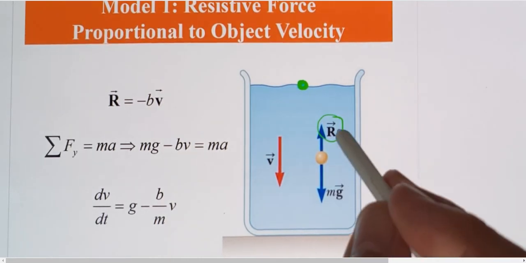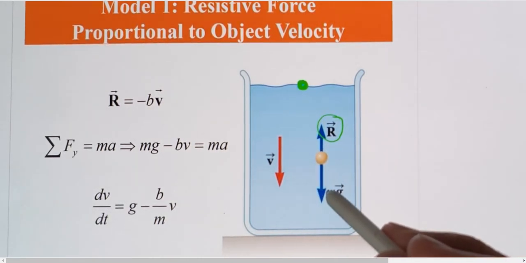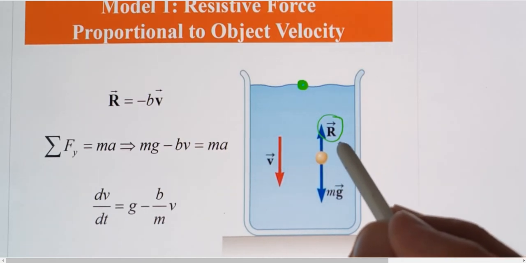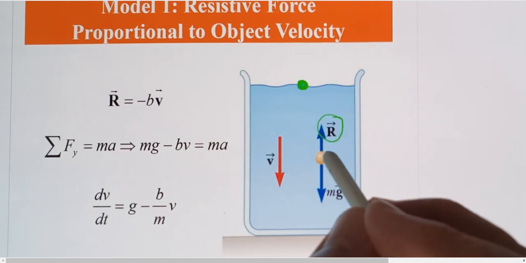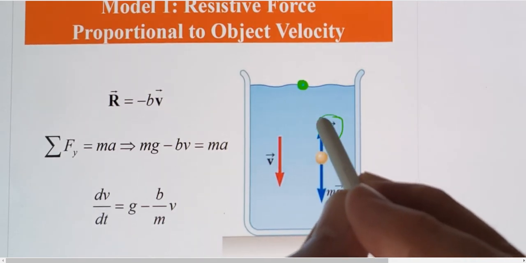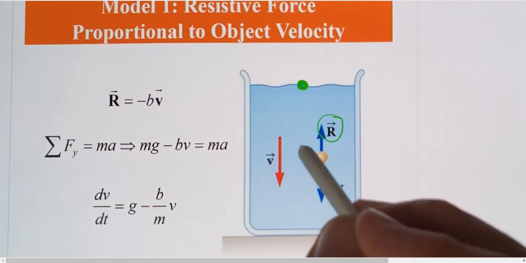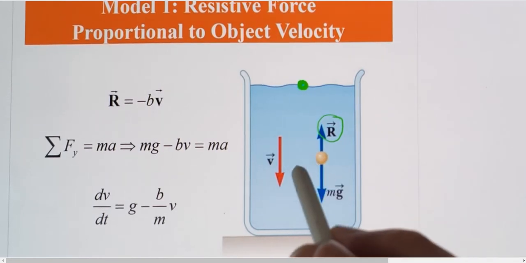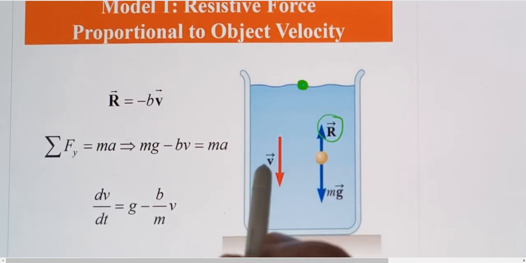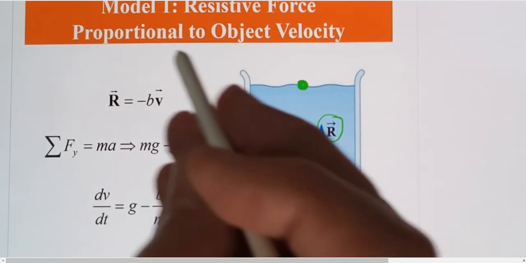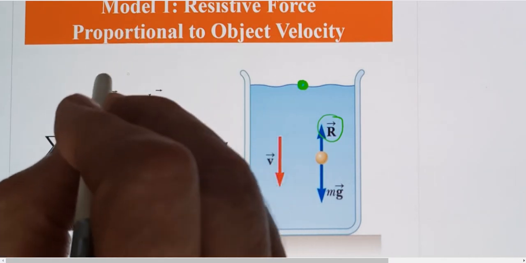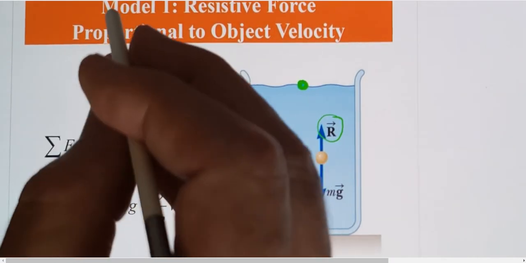So when we want to apply Newton's second law, we have mg pointing down, and we have the resistive force pointing up, and the net force will cause the acceleration. This is a resistive force.